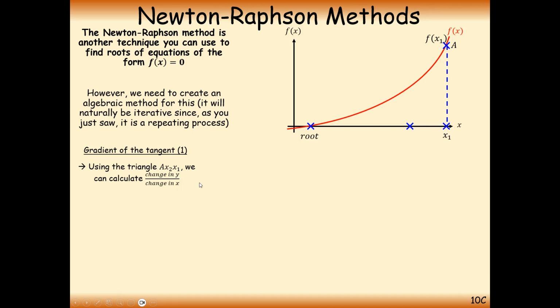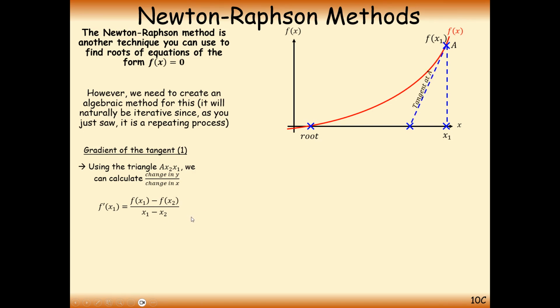From our previous work, we know that the gradient of a function is nothing but change of y divided by change of x. What that means is that we evaluate the function at f of x1 and evaluate the function at f of x2, and we divide by change of x.